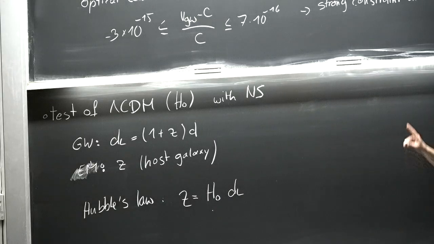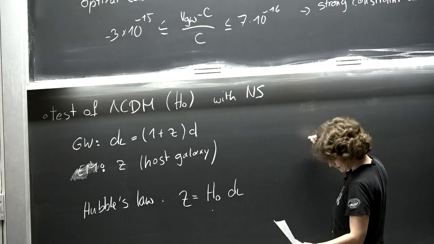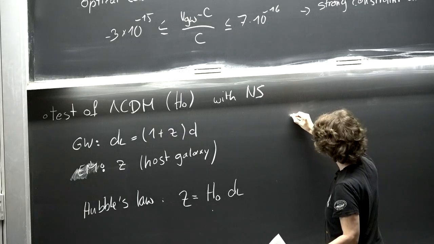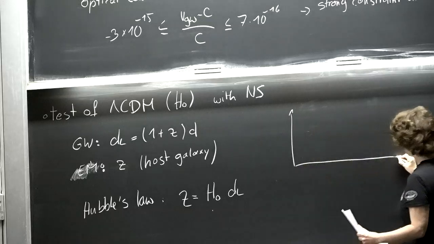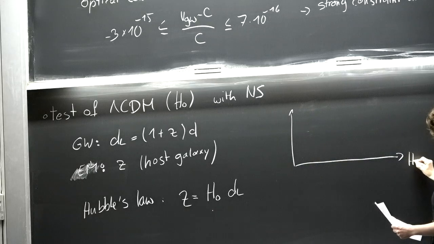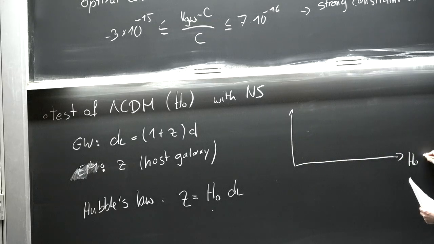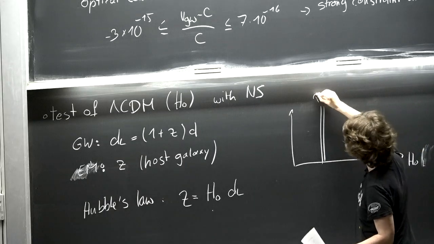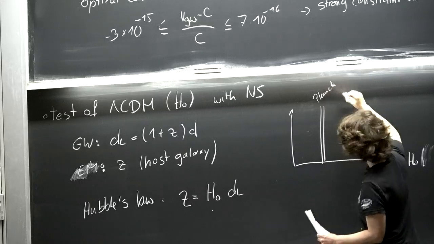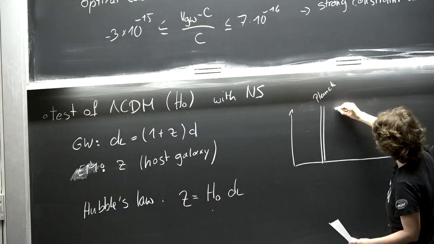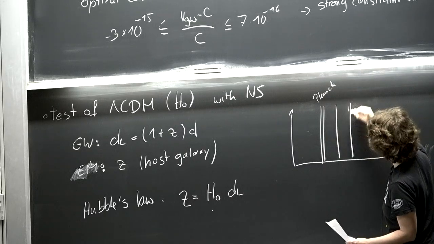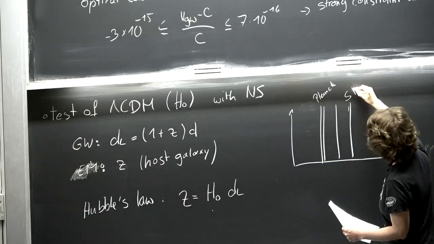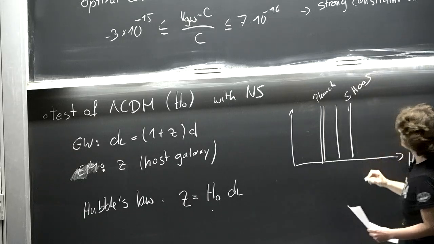So from this one single event, what they saw is the following. This is just the probability as a function of the Hubble constant, in the usual units, though we don't even need units. All that you care about is that Planck is here, and the supernova distance ladder, let's say SH0ES, for example, is here.